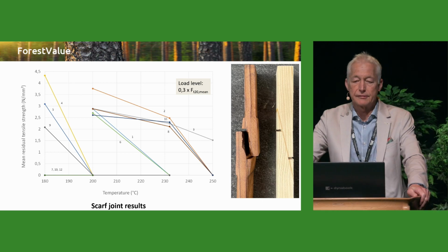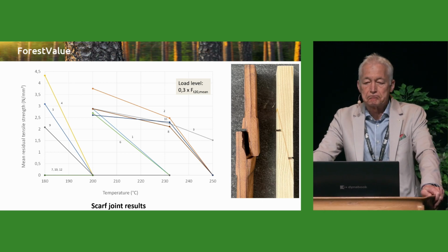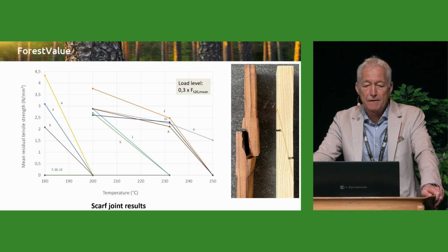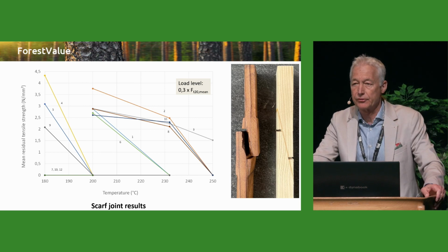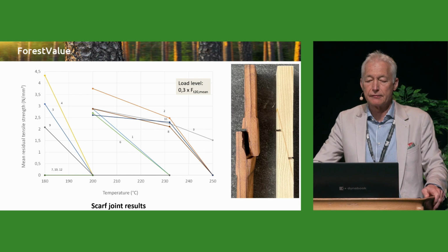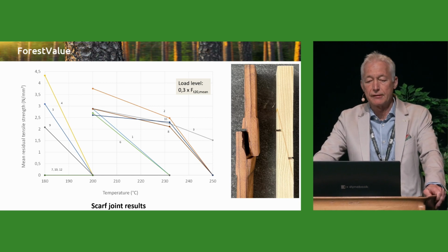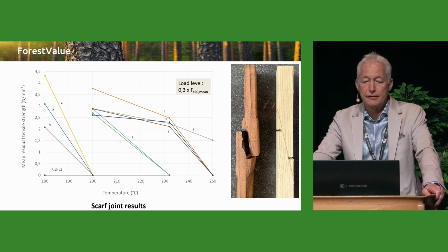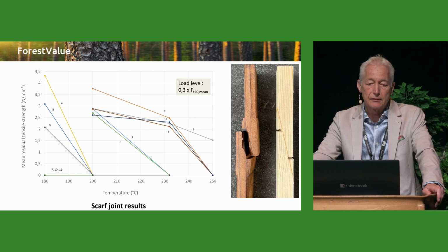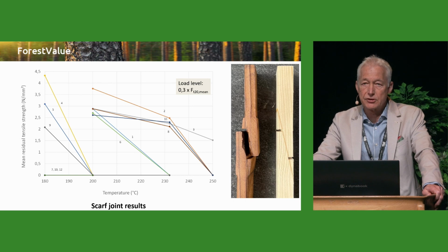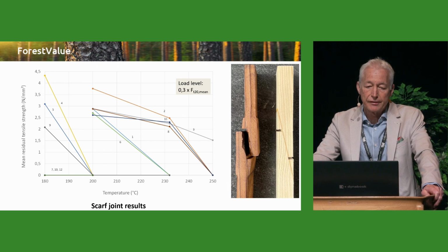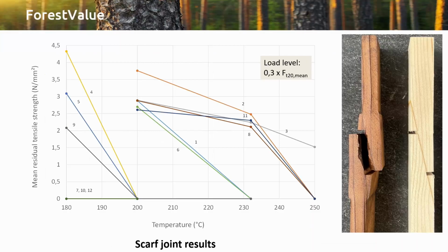Here you see that the maximum temperature, apart from number 3, which has to be investigated a little bit more thoroughly, and it was mostly due to the wood, that all scarf joints lost complete capacity up to 250 degrees, whereas other adhesives lost the capacity much earlier, at 200.